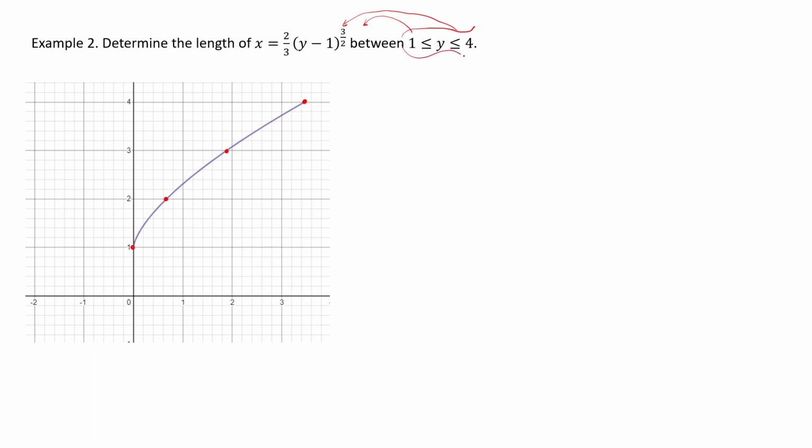So again, since the range is in the y direction, we're going to use the formula with respect to y. So this will be from y1 to y2, then the square root of 1 plus. If you're going to place dy here, the dy is in the denominator, then dx in the numerator.